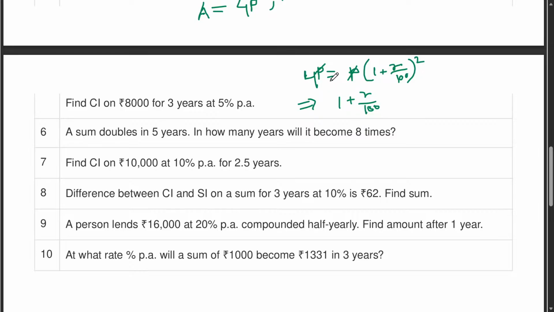If we do square root on both sides, then it will be 1 plus r by 100 equals square root of 4, that is 2. This implies r by 100 is equal to 2 minus 1, so r equals 100.